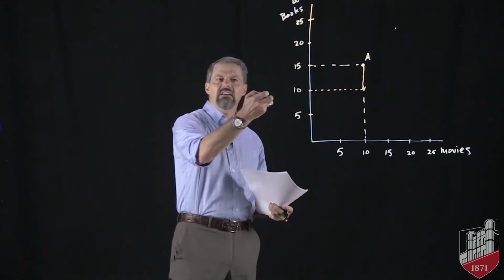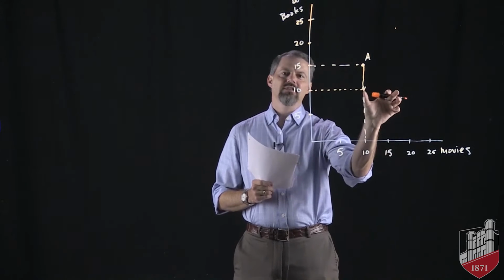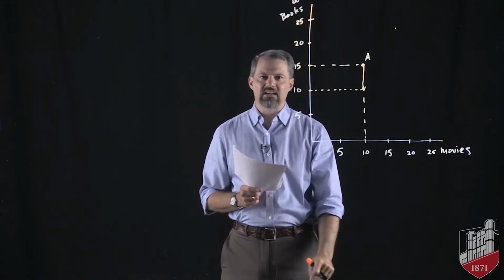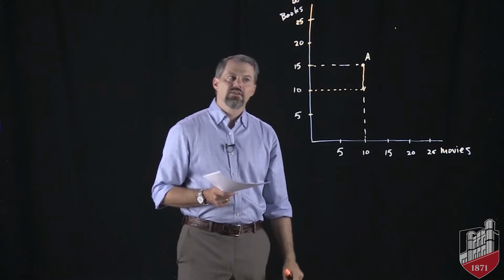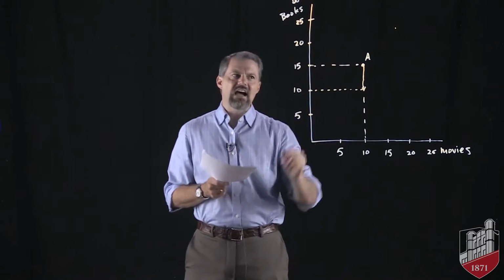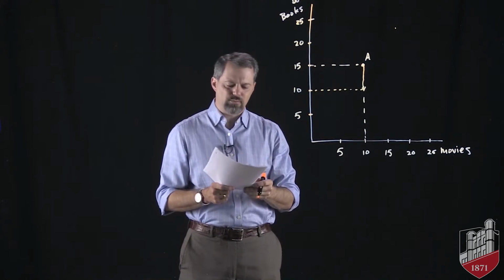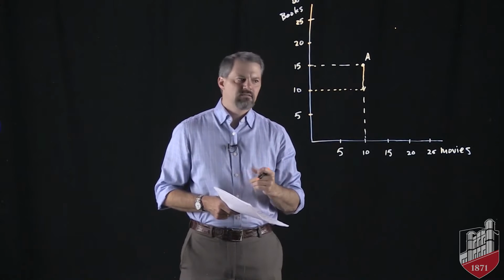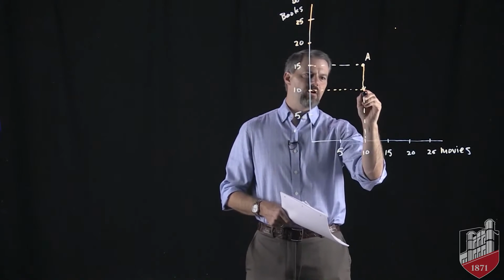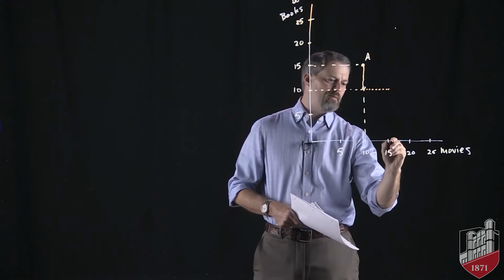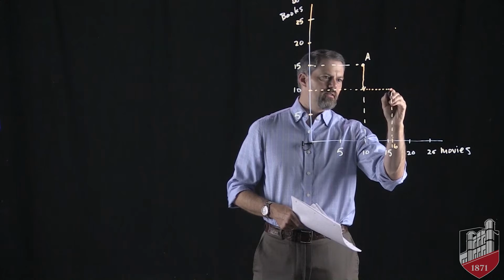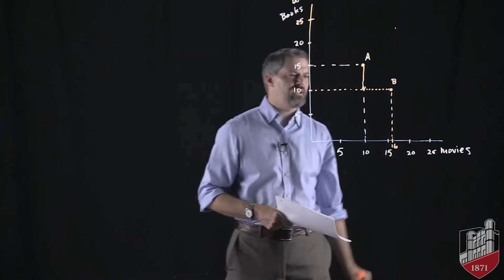We can think about taking 5 books away and then giving them enough movies that they like this new bundle the exact same amount as they liked bundle A. Let's suppose that if we take 5 books away from the consumer, they need, say, 6 movies to be just as happy as they were at bundle A. So that's going to be a point right out here where we've got 16 movies. Let's call that bundle B.